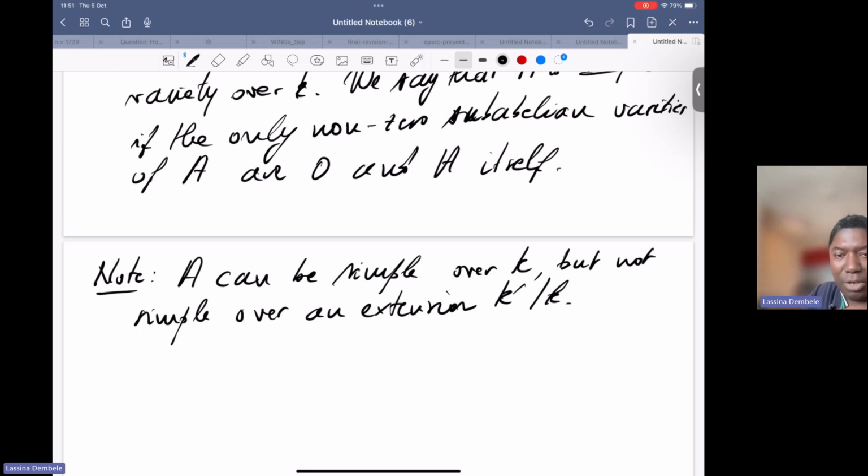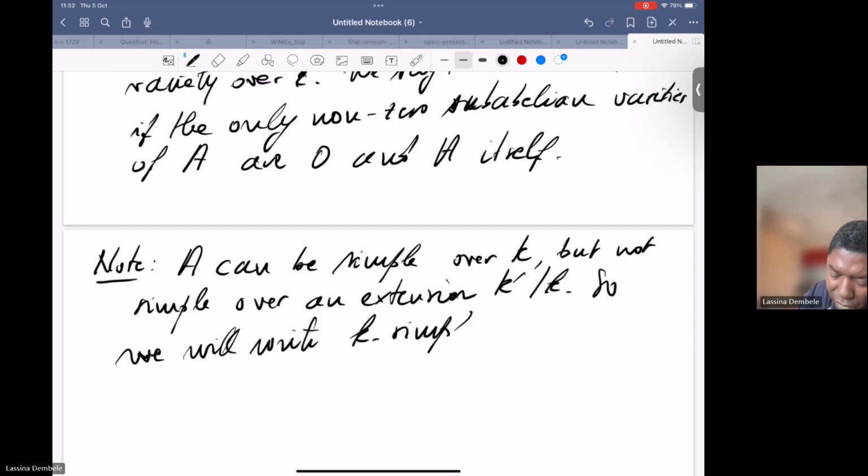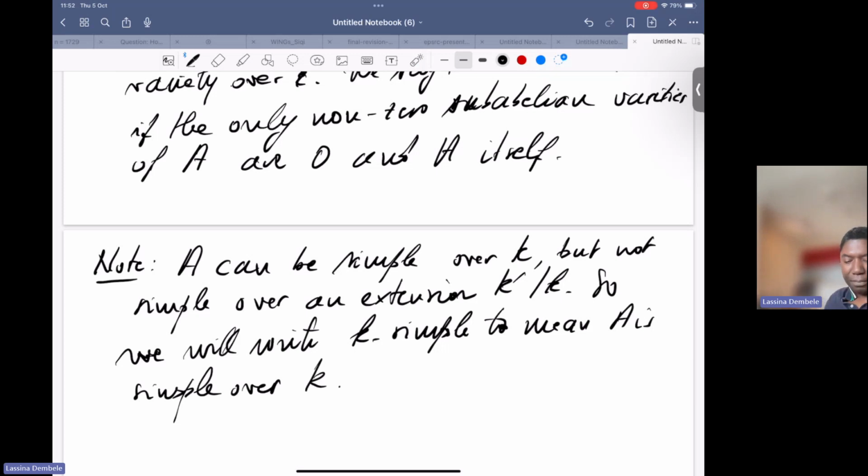With this in mind, we are going to use the term K-simple to mean that the abelian variety is simple over K. So we will write K-simple to mean that A is simple over the base field K. Okay.